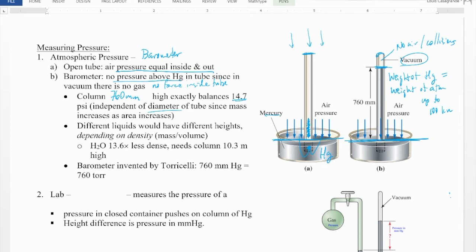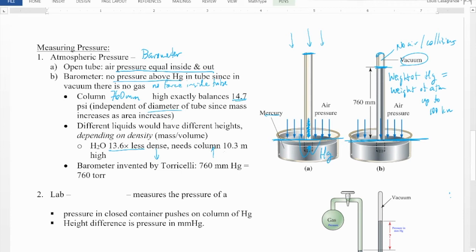We could use water in a barometer. Now, they use mercury in old barometers because it's a convenient liquid. It's very dense, and you only have to get to 760 millimeters. Water could be used as well, but because water is 13.6 times less dense, as the density goes down, the height of the column has to go up.